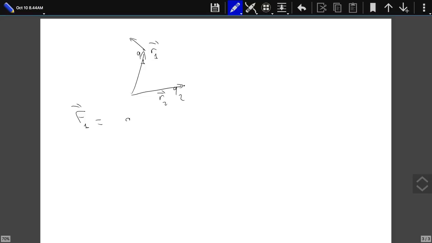This is equal to Q1 times Q2 times (R1 minus R2) divided by the length of R1 minus R2, cubed. Now this time it is cubed because the numerator is not a unit vector. So this will be the force law that we will be using.